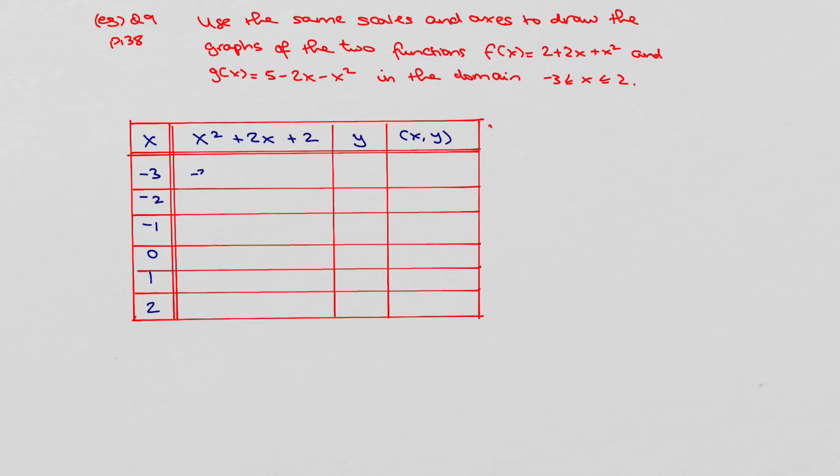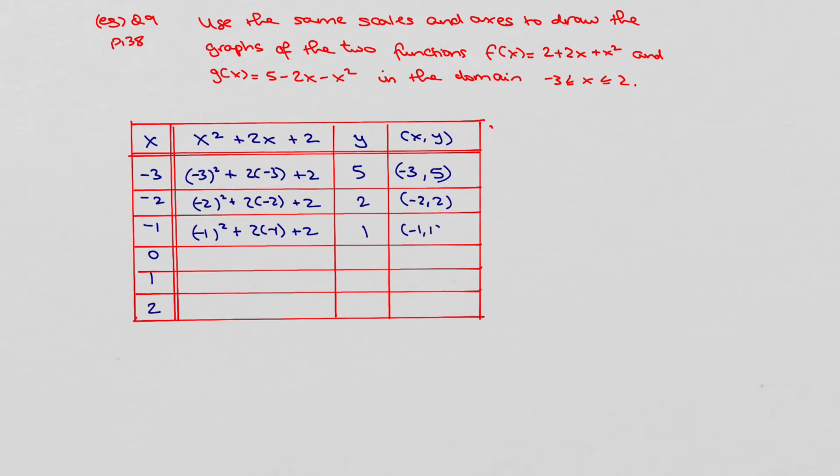So if we make out our table for between the domain of minus 3 to 2, then we're going to have minus 3 squared plus 2 times minus 3 plus 2, which gives us 5. So we have out to minus 3 and up to 5. If I put in minus 2, we end up with the 2. If we put in for minus 1, this is 1.